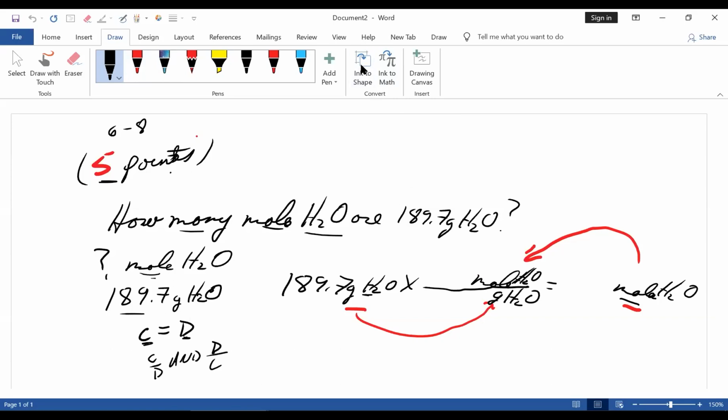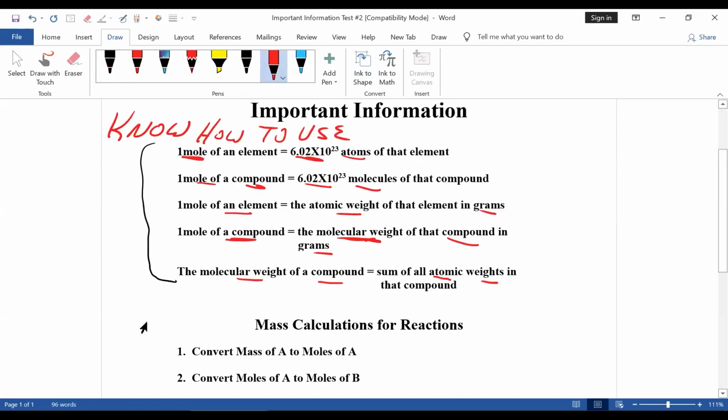If we were in the classroom, I'd have this on the board, but we're not, so I'm going to switch back and forth. Where do we get this? From this right here. 1 mole of a compound equals the molecular weight in grams of that compound, and the molecular weight of that compound equals the sum of all atomic weights.